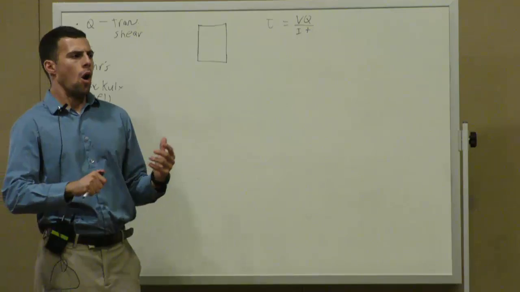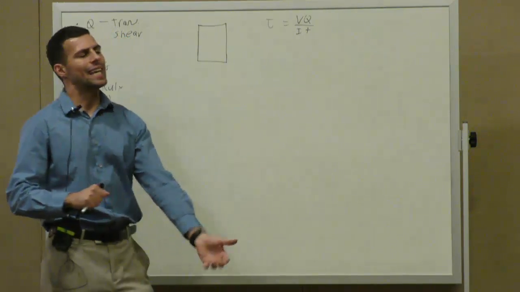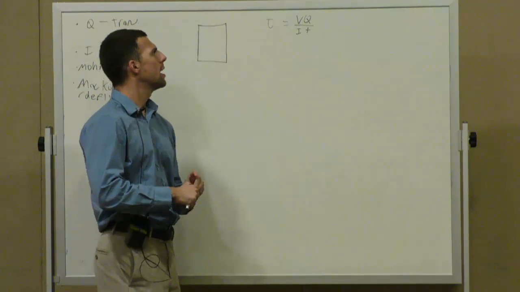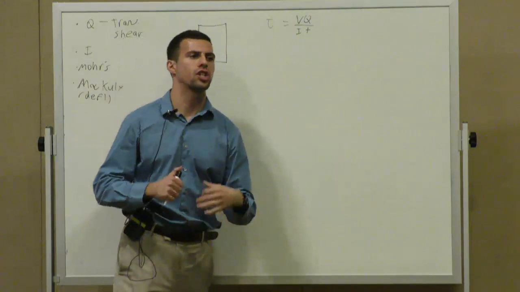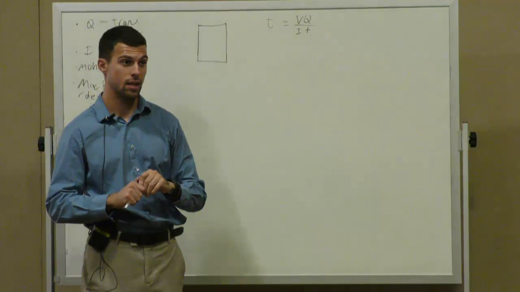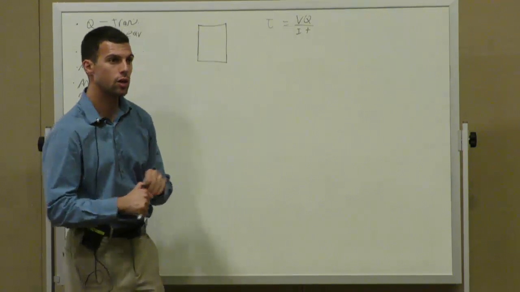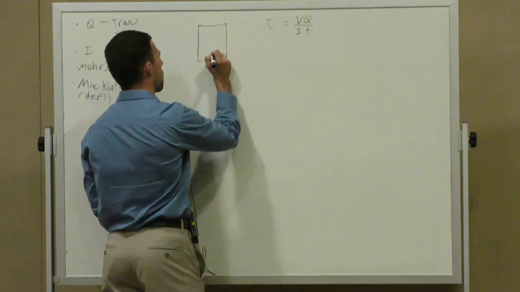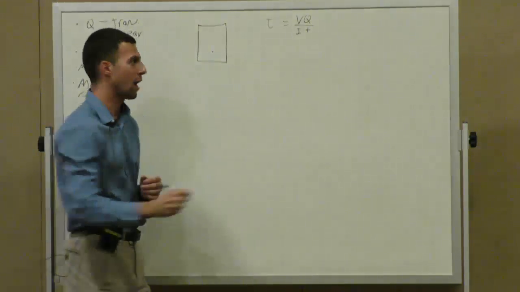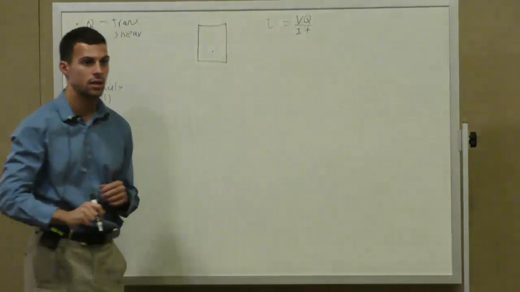Now, does shear stress change with location on the cross-section? In other words, is the transverse shear at this point the same as the transverse shear at this point, or at this point, or at this point?